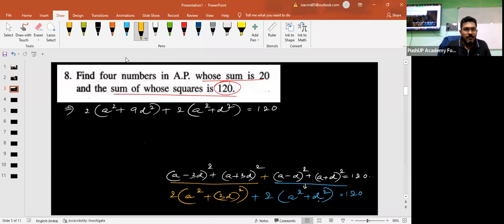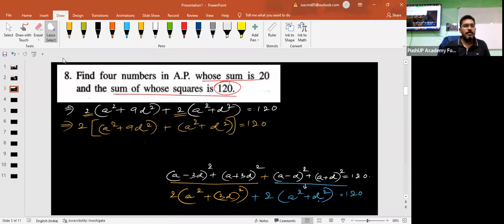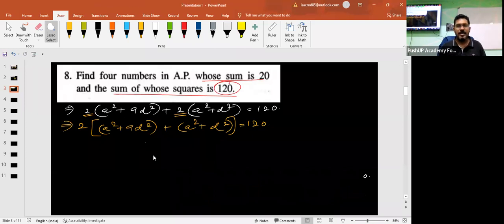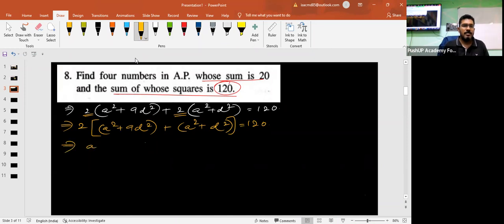Now, don't you feel 2 is a common factor in both the terms? Yes. Let's bring that 2 also outside. So 2 into (a square plus 9d square plus a square plus d square) is equal to 120. Now I recommend you bring that 2 towards the right hand side.